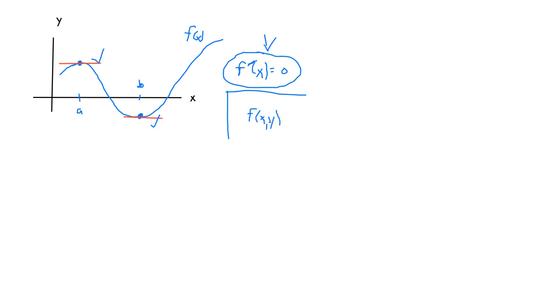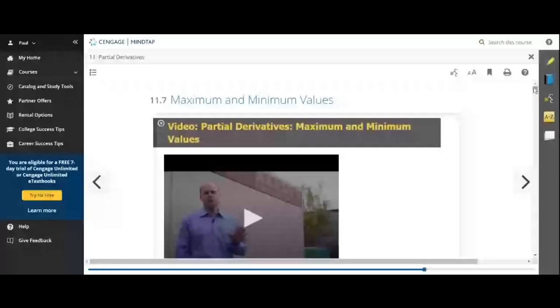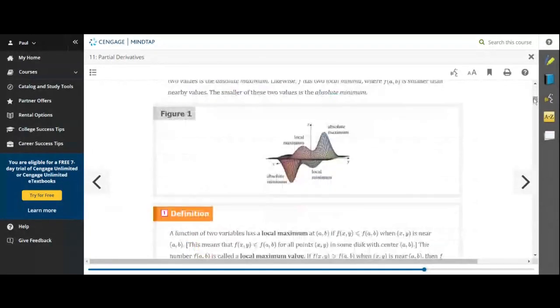So on that note, let's go into the book here. They show here in figure 1, and again, if you click on your screen twice, you'll be able to blow that image up a little bit.